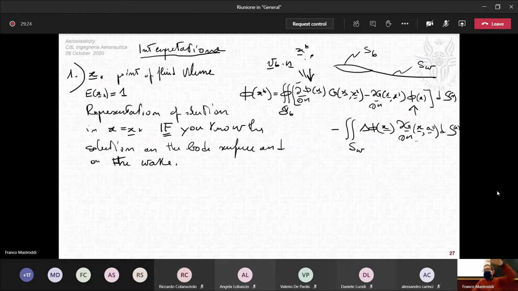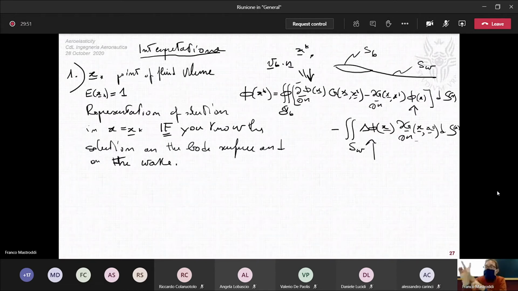The body is moving. Imagine knowing phi on the body. Imagine knowing the delta phi jump on the wake. So you know everything in the right hand side, and so you are representing the solution at an external point. So this is a representation of the solution in all the points of the field. But you have to know the potential on the body.